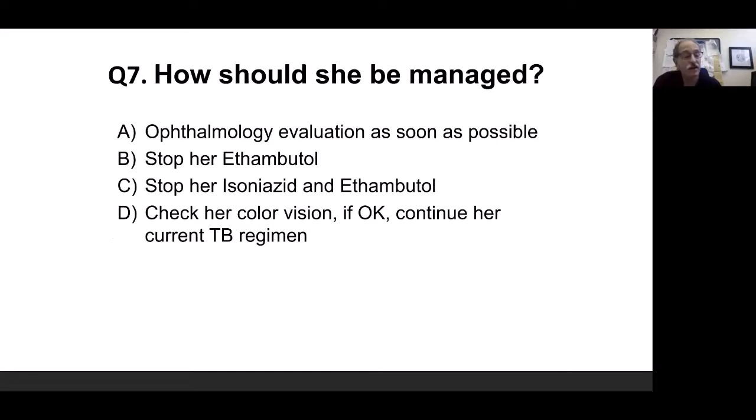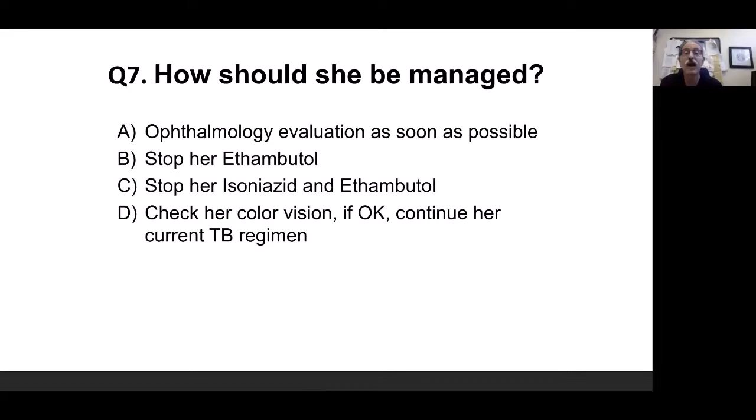And if a patient is complaining of eye issues, it could be from their medications, it could be actually occasionally a manifestation of their tuberculous disease if they have disseminated disease. So these are people that we don't mess around with vision and try and get them checked out as quickly as possible.